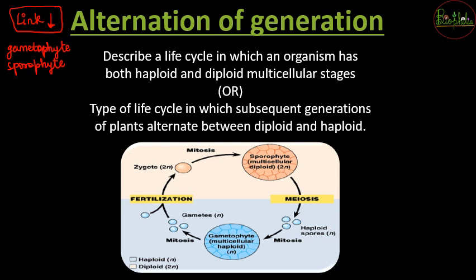So gametophyte किसमें dominant होगा? Gametophyte होगा dominant in the case of algae and bryophytes, जबकि sporophyte dominant था in the case of gymnosperms and angiosperms. So gametophyte जो होता है, the gametophyte is going to be haploid in condition और sporophyte कैसे होगा?